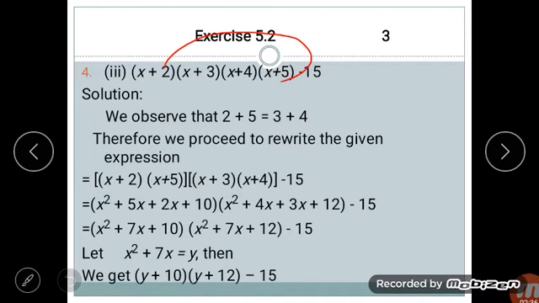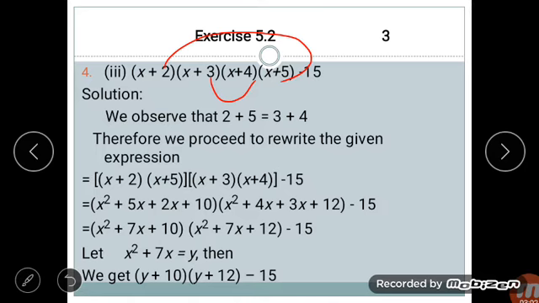Here you can see that 2 plus 5 gives 7, and 3 plus 4 gives 7. Whereas if you add 2 with 4, you will get 6, and 5 with 3, you will get 8. So you have to check by adding which constant with which constant you will get an equal constant on both sides.